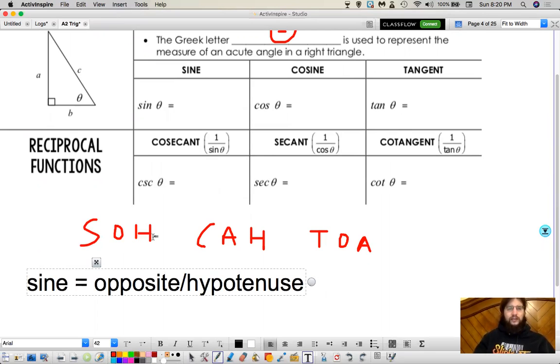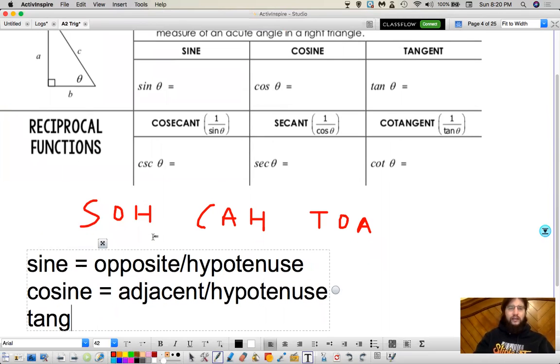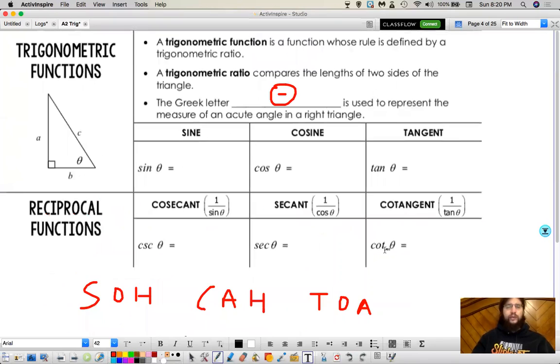That's what SOH stands for. Cosine is adjacent over hypotenuse. And tangent is opposite over adjacent. I don't care how you remember it, just remember it.